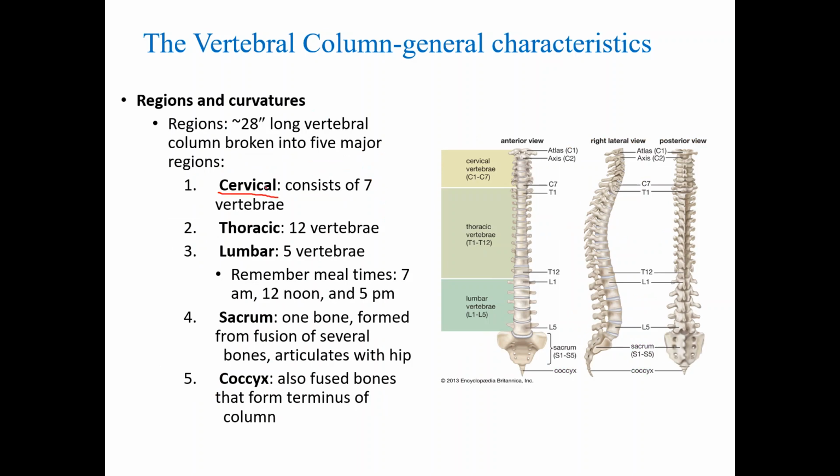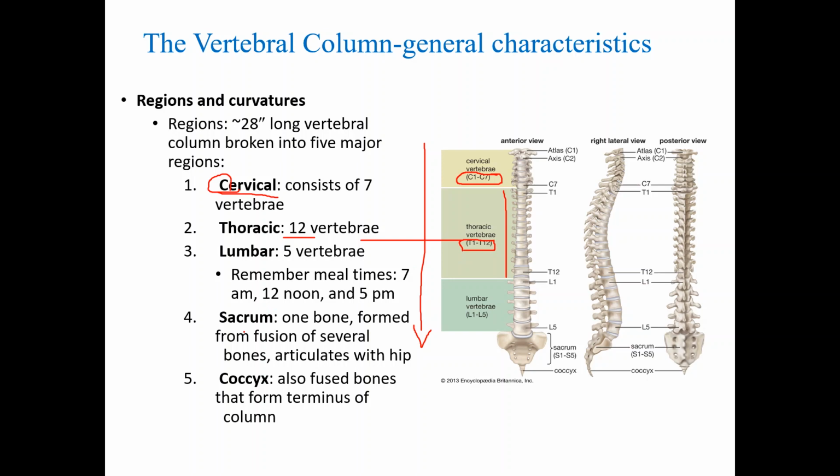The cervical region is the first region and consists of 7 vertebrae, indicated from number 1 to number 7 with the letter C that stands for cervical. Next is the thoracic, and we're moving from superior to inferior position. The thoracic vertebrae are 12, and they're indicated from T1 to T12.